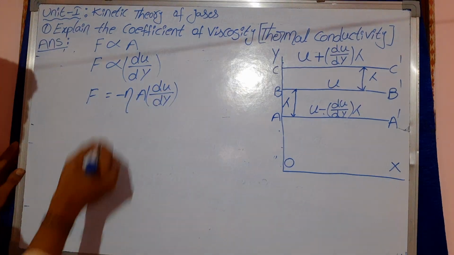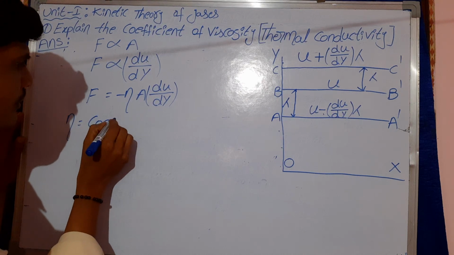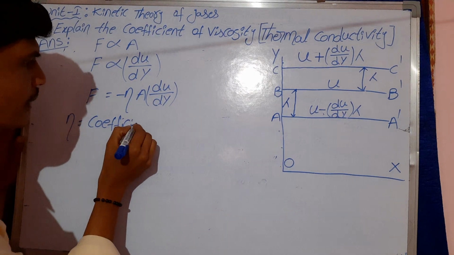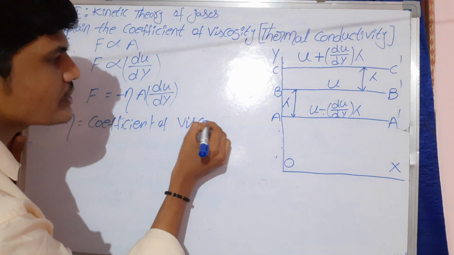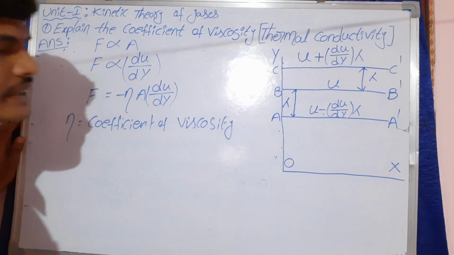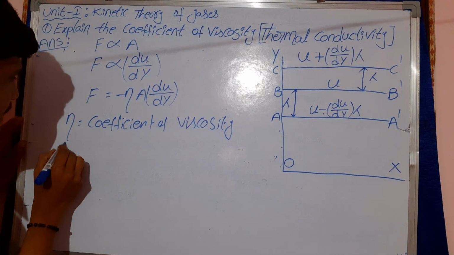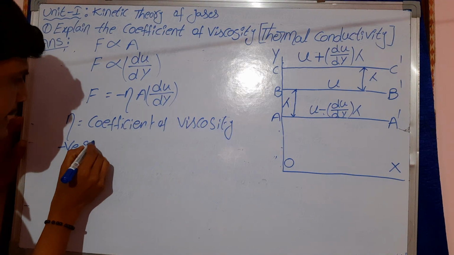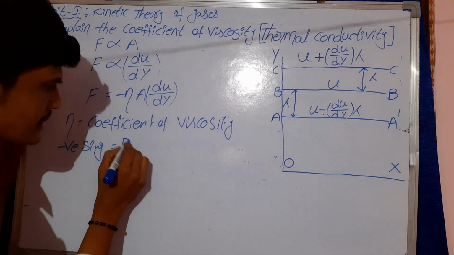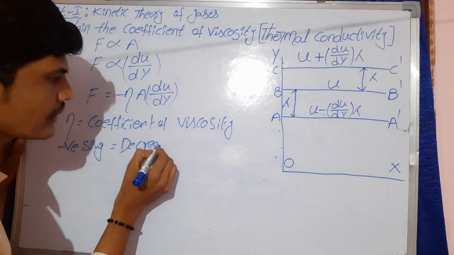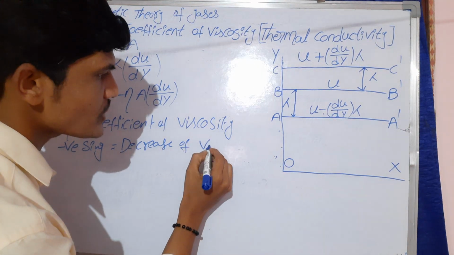Here eta is the coefficient of viscosity, and the minus sign indicates the negative sign, a decrease, of the viscosity force.